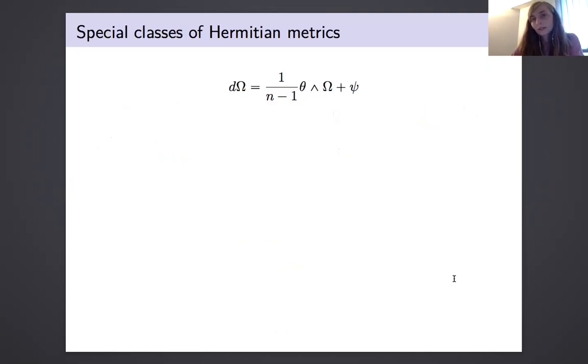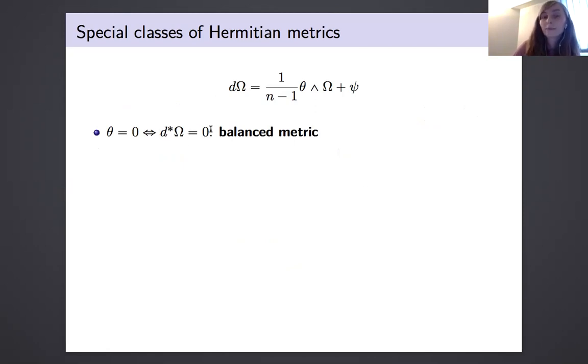And so looking at the splitting of dω, we have a few special classes of Hermitian or almost Hermitian metrics. The first case is when the Lee form is 0. This is equivalent to the form ω being co-closed, and these are usually called balanced metrics.